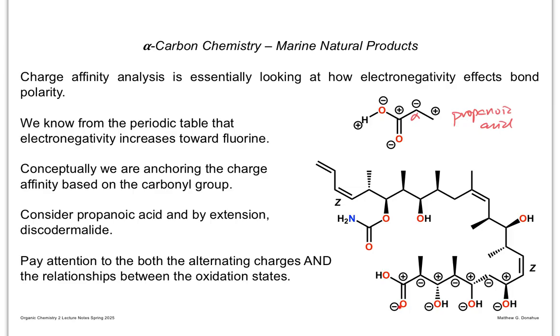And then I filled that in for the C1-C6 acid of discodermolide. Here's your alpha carbon, and there's your beta carbon. The beta carbon, as shown right here, is in oxidation state 1. If we think about how we can make that, it has to come from a higher oxidation state, so that would be 2.